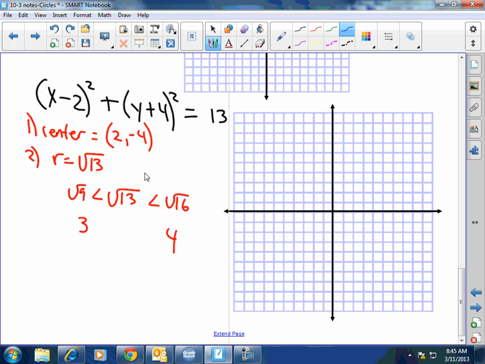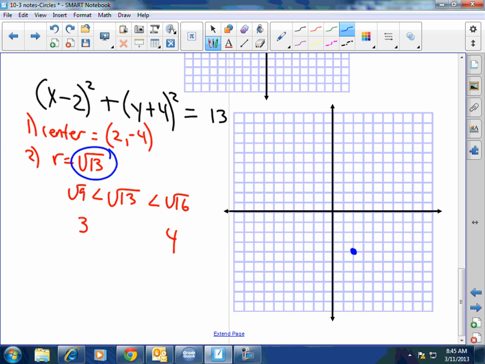The center was (2, -4). So (2, -4) is my center, and I know my radius is the square root of 13. So that's between 3 and 4. I'm literally going to estimate between 3 and 4, about 3.5, right?